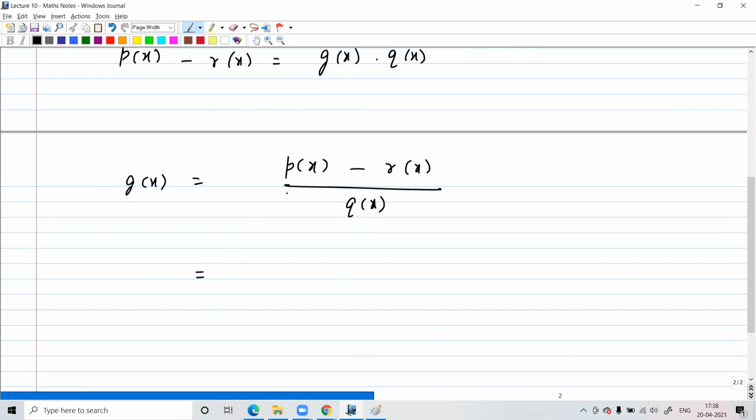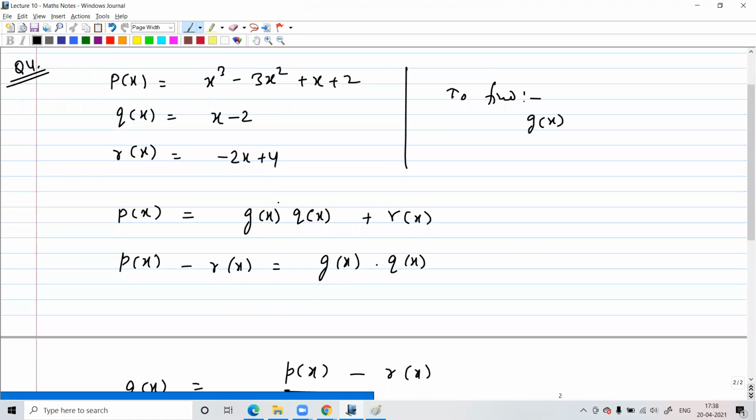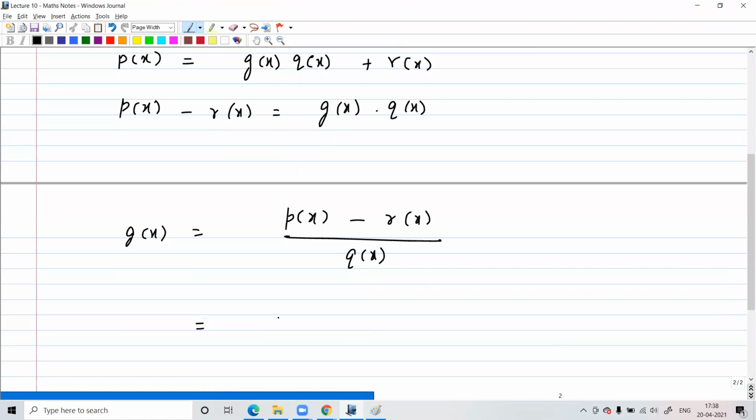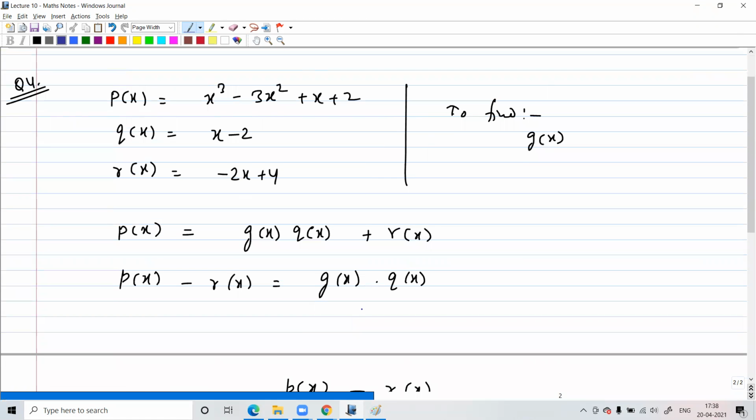Now put the values. What is p(x)? x cubed minus 3x squared plus x plus 2.